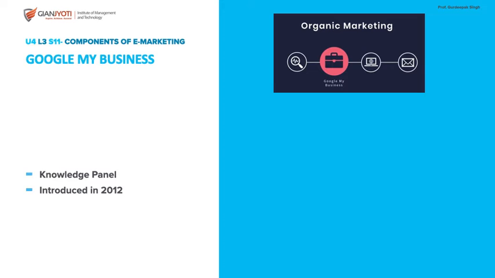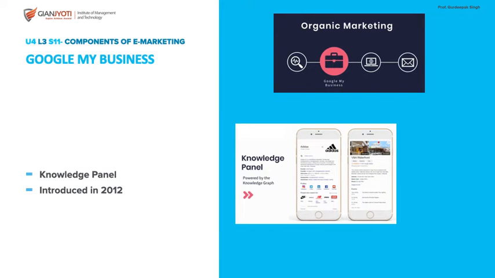In 2012, Google started with the knowledge panel. Let me explain Google My Business. You can create your business pages, and Google gives you the flexibility to put all the information about your company, product or service in the knowledge panel.